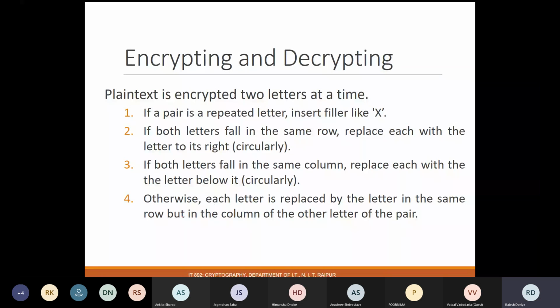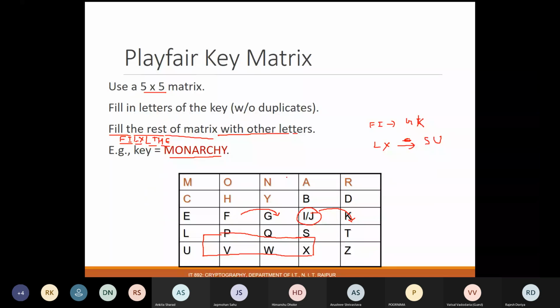Okay, and what your rule number 3 says, if both letters fall in the same column, for example, is there a letter LT? No. HE? No. Let's say we need to encrypt letters D and T. Okay, so as we can see, D and T are falling in the same column, right?